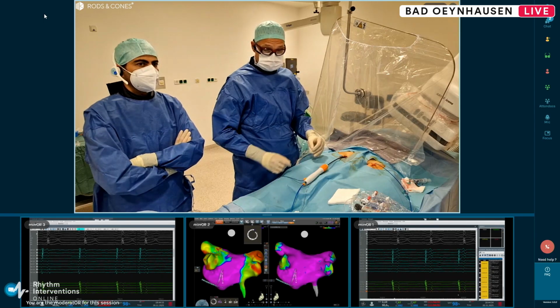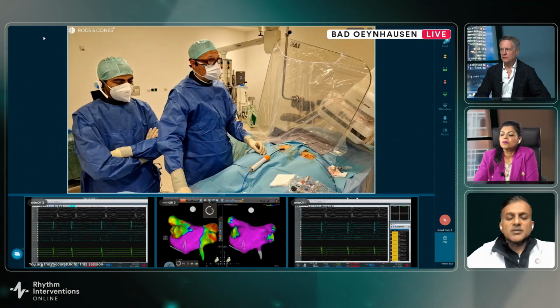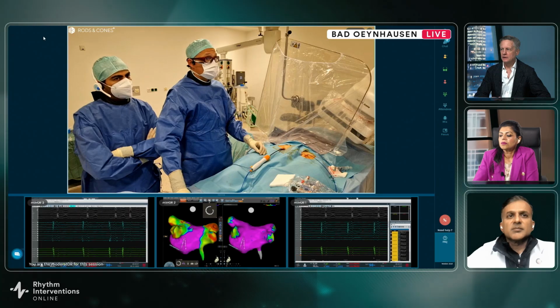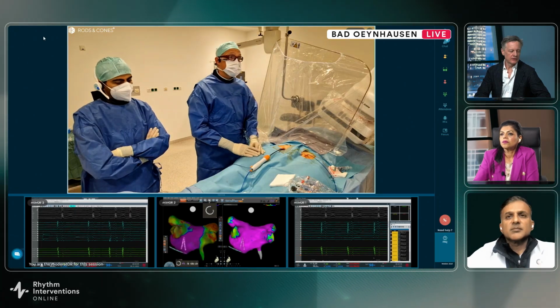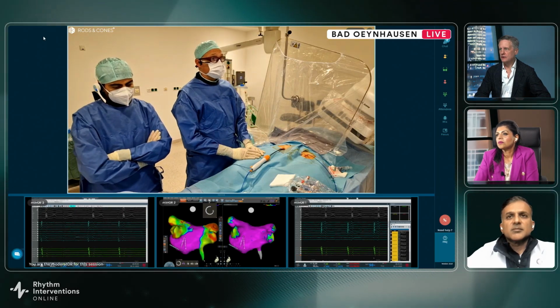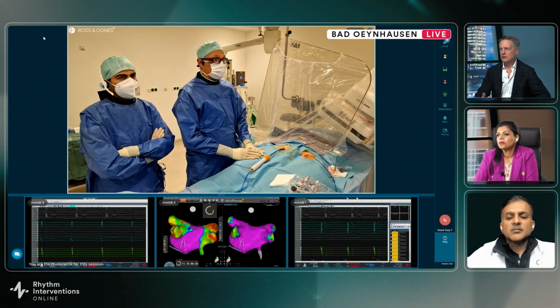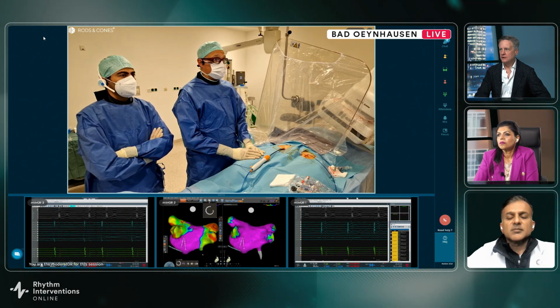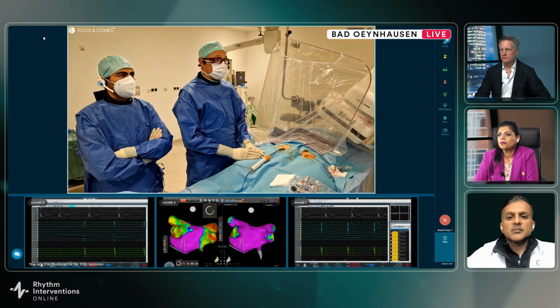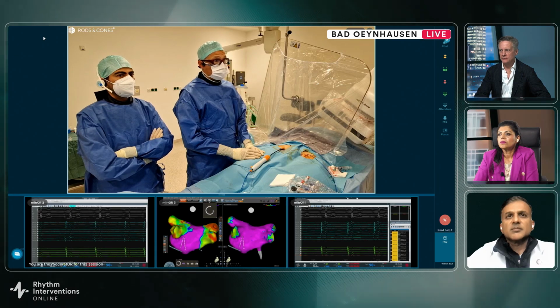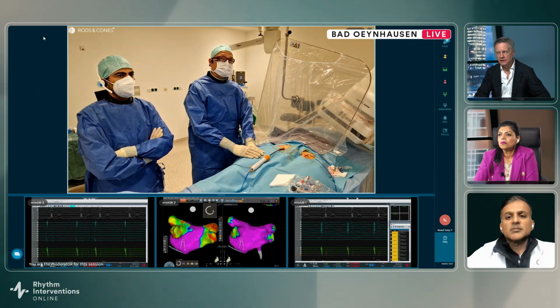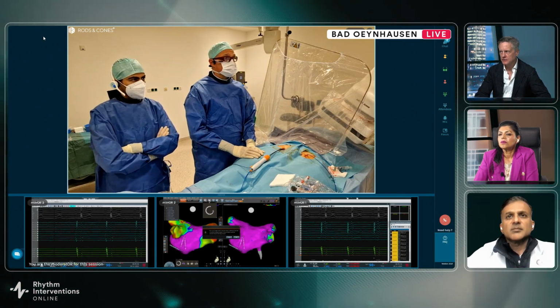Yeah, in the first cases that we had at Barts, and I think in the UK, there were some neurological events and a lot of smoke appearing on the TOE. And I think it was an electrode design problem. I don't think that's been a problem in the US, has it, Devi?